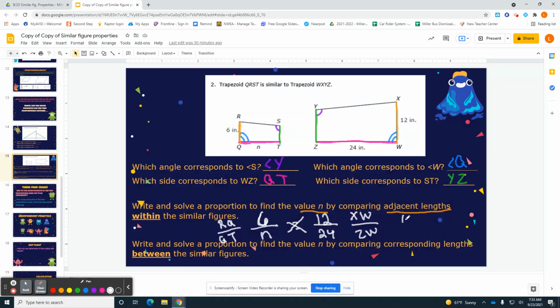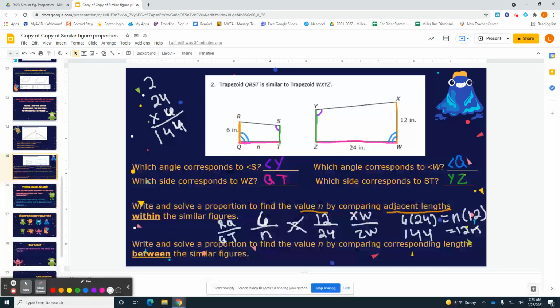So I have 6 times 24 is equal to n times 12, which is 12n. And then 6 times 24, so what is 24 times 6? Sorry, guys. 6 times 24 gave me 144.